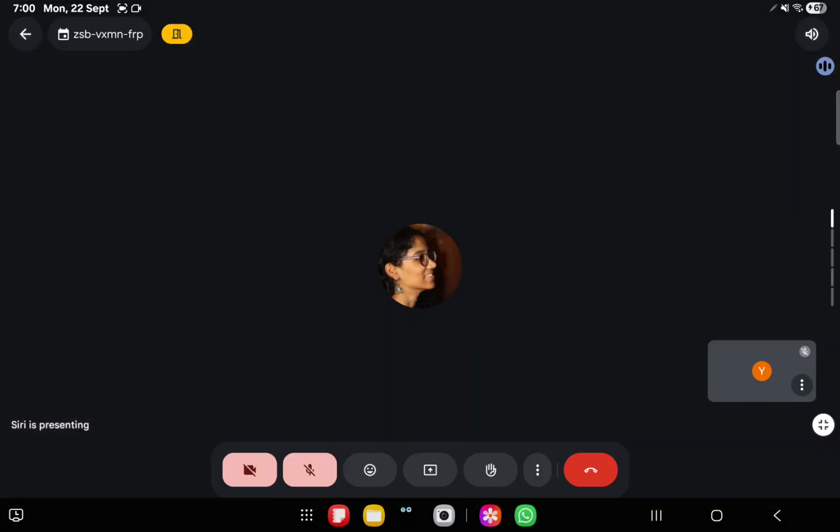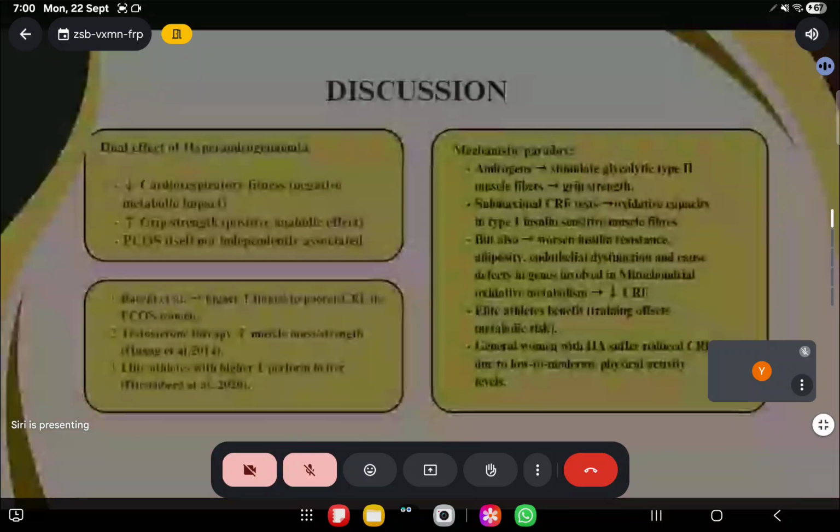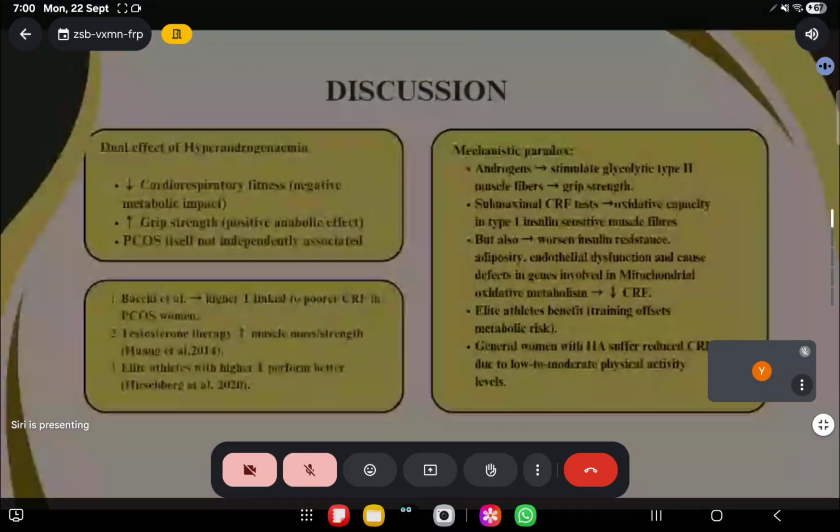However, submaximal cardiorespiratory fitness tests mostly reflected the oxidative capacities in type 1 insulin-sensitive muscle fibers, and the androgens also worsened insulin resistance, adiposity, and caused endothelial dysfunction and defects in genes involved in mitochondrial oxidative metabolism in women with PCOS, potentially contributing to lower cardiorespiratory fitness.